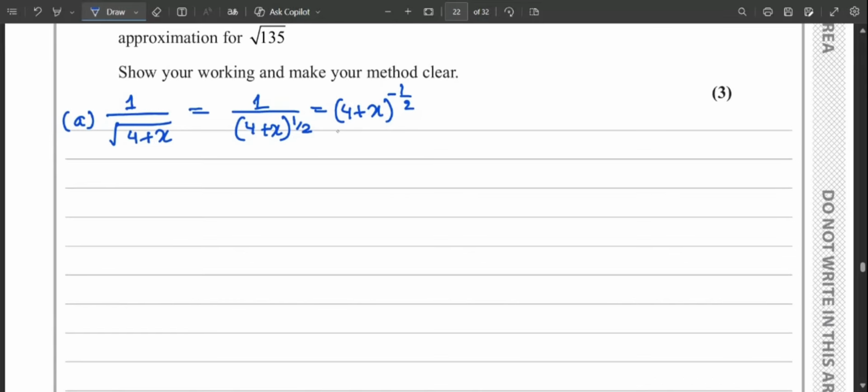Here we can see that we need to find the binomial series expansion for this expression. We also see that the exponent on this expression is minus half. As the exponent n is less than 0 and it is a fraction, we have to calculate the series expansion in the form 1 plus ax to the power of n.